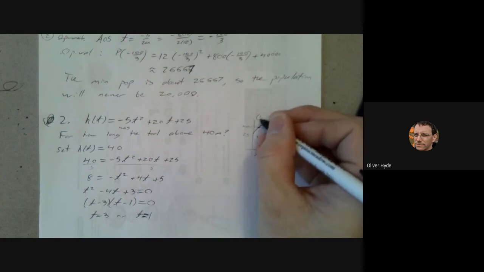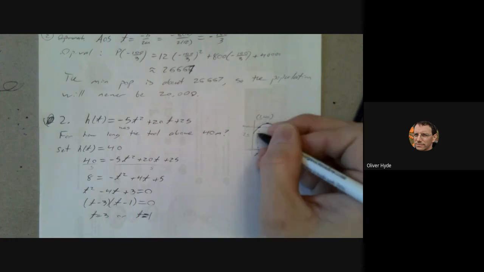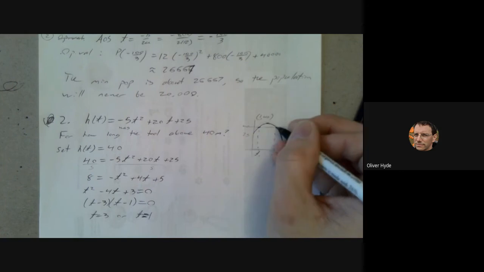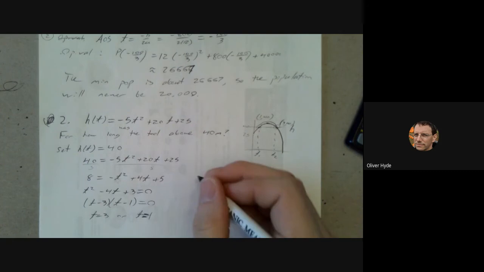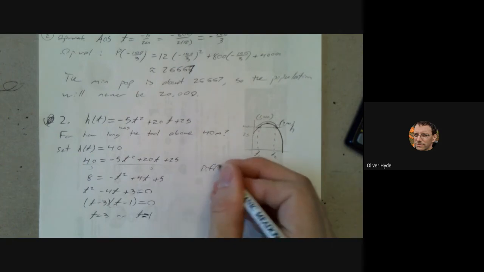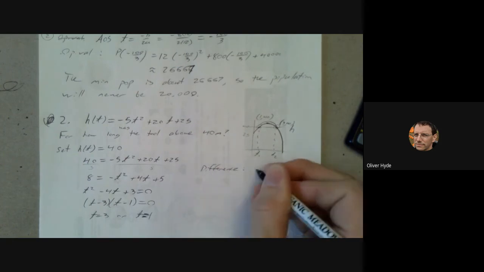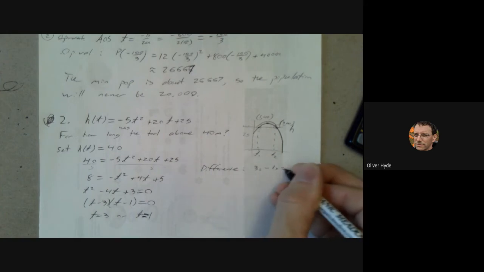So I've figured out that the tool was at a height of 40 meters after 1 second, it passes 40 meters on the way up after 1 second, and then it passes 40 meters on the way down after 3 seconds. Then I can figure out for how long it was above that height. I just need to communicate my step here. The difference is going to be 3 seconds minus 1 second equals 2 seconds.